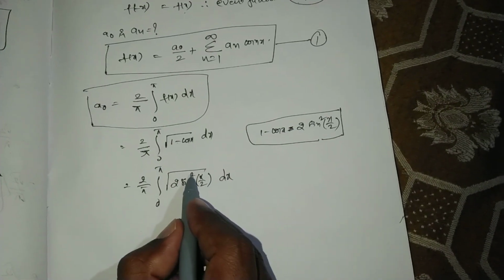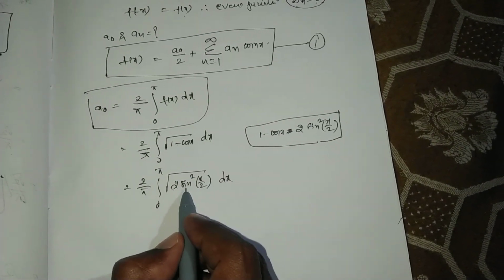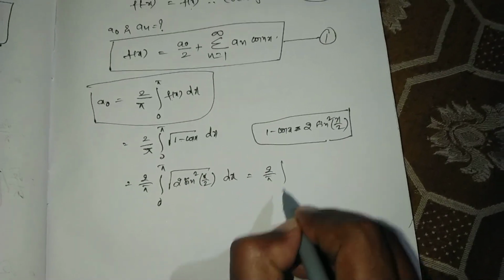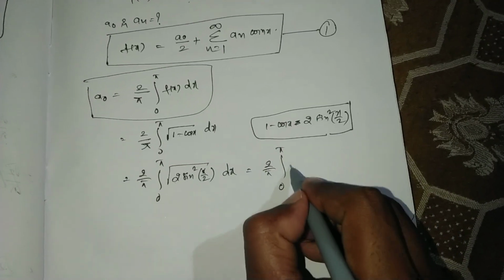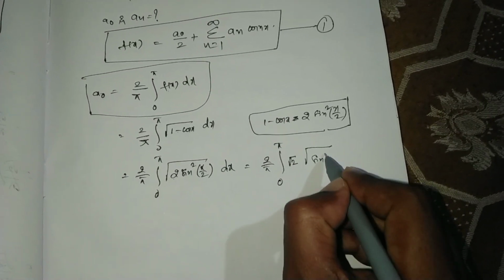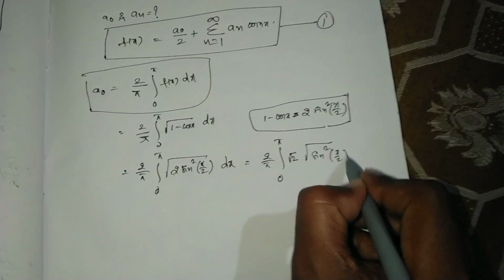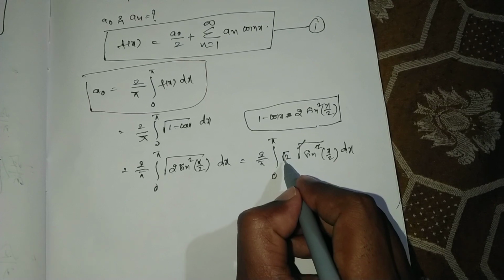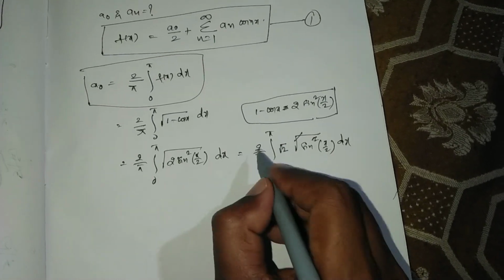Now split the root into the constant and the trigonometric function. That is equal to 2 by pi integral 0 to pi root 2 into root of sine square x by 2 dx. Here the square root cancels, and root 2 is a constant, so take it common.